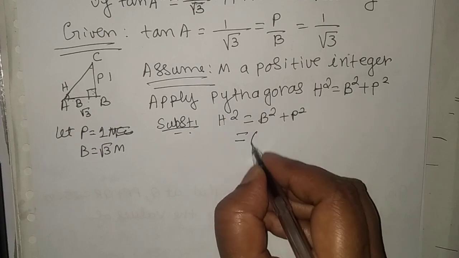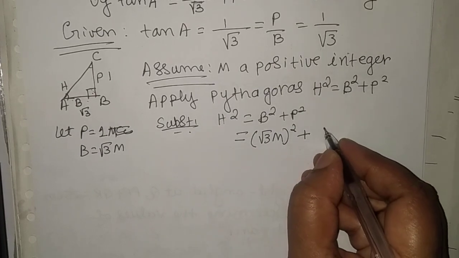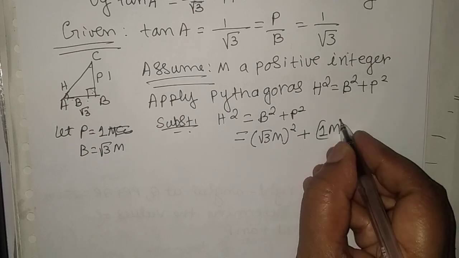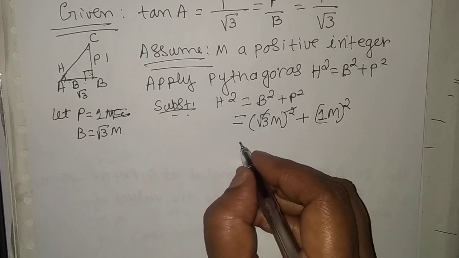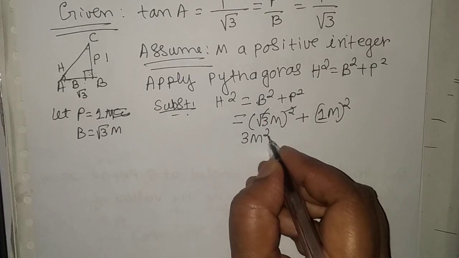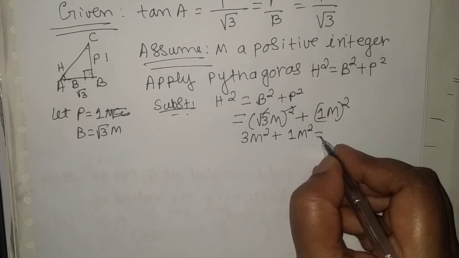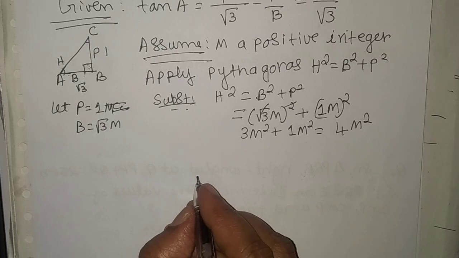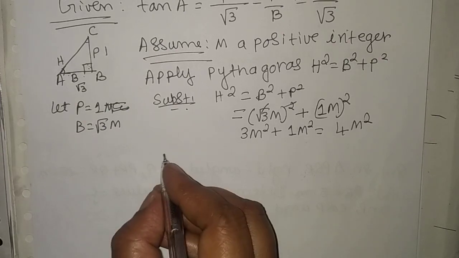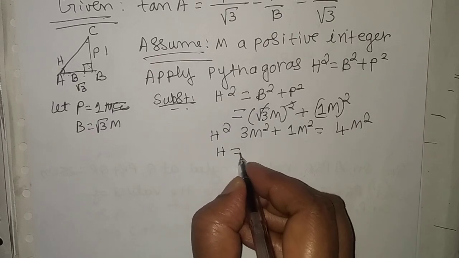What is b square? Root 3m the whole square, plus p square is m square. The root cancels, we get 3m square plus 1m square, which is equal to 4m square. So h square is equal to 4m square.